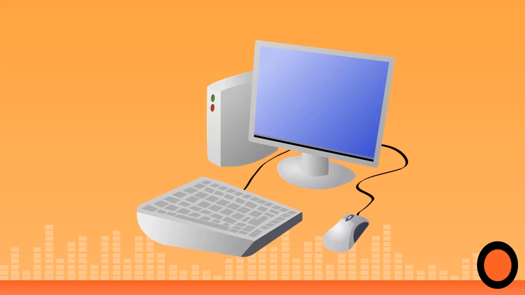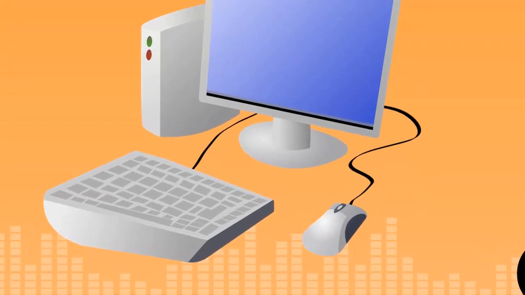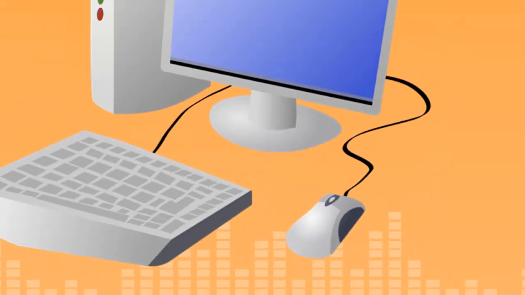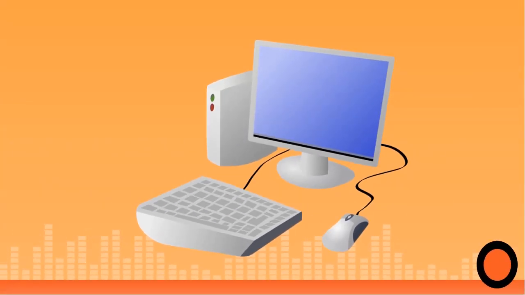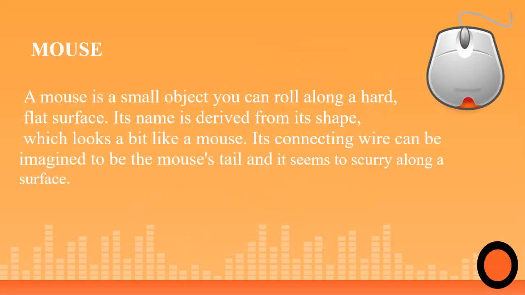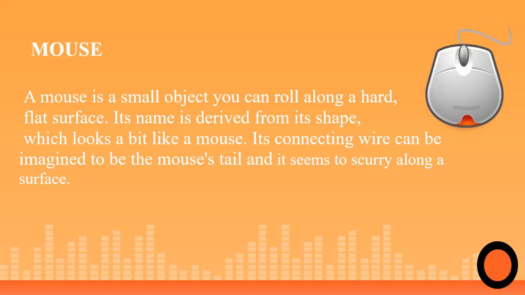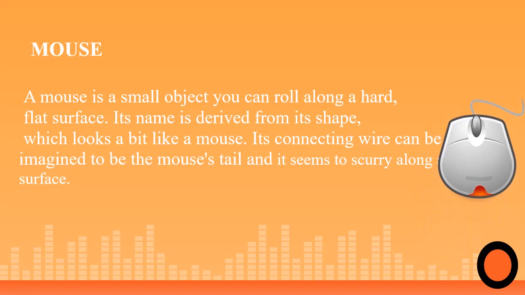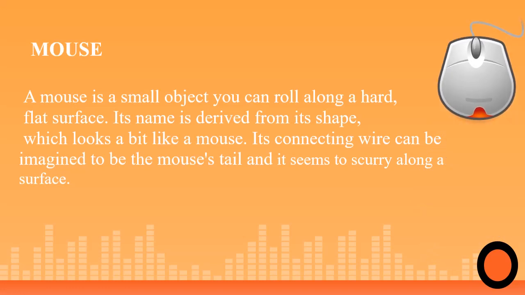No, not your regular dormouse or the mice which we see around us. It's the mouse which we use on the computer. Why do you think it is called a mouse? Let us find out. We know a mouse is a small object that you can roll along a hard, flat surface.